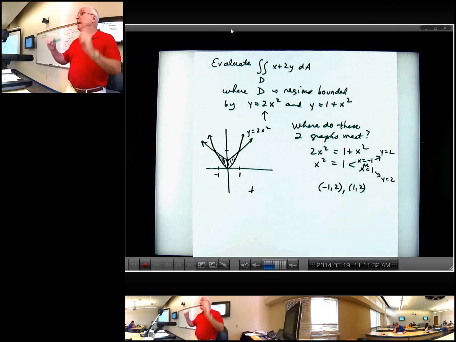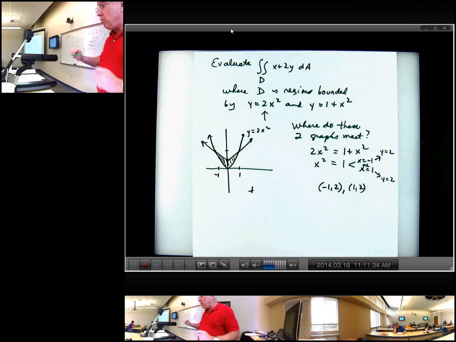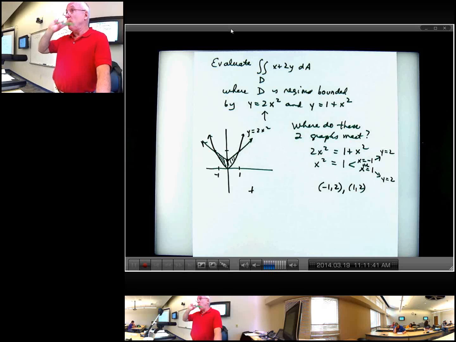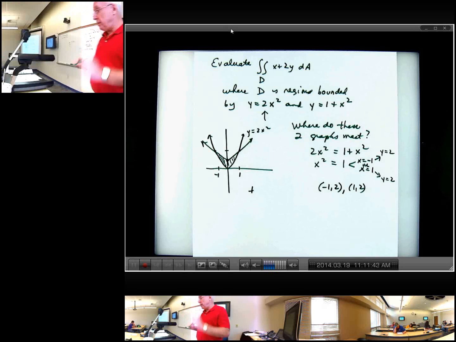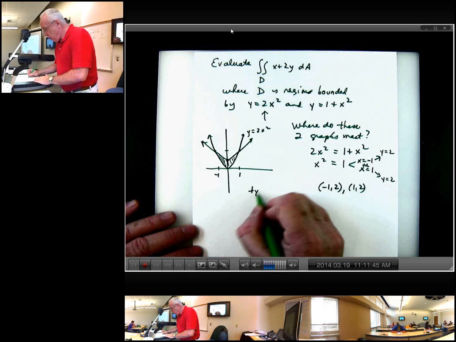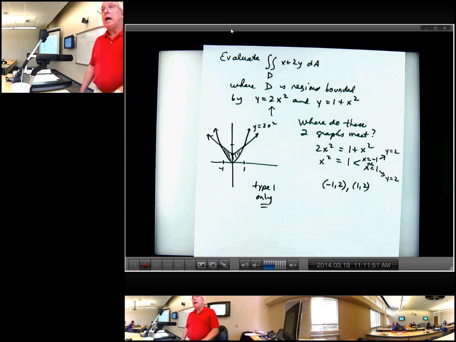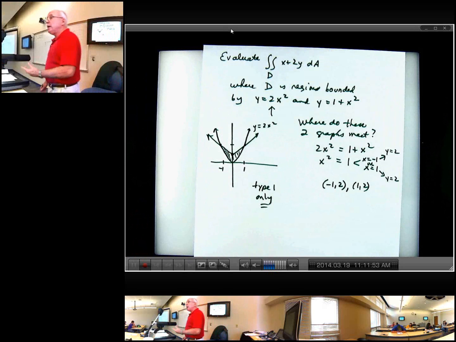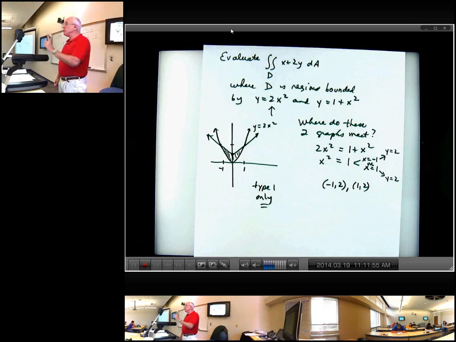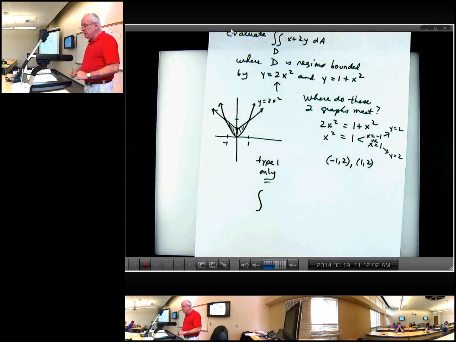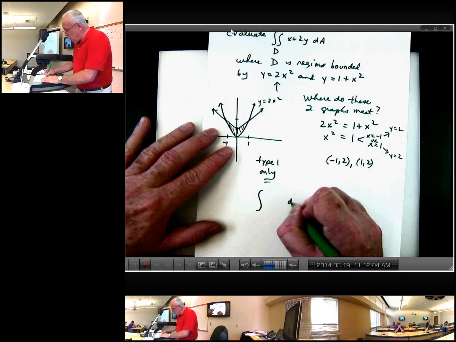Can you draw any sideways line and will it stay completely within that region? No, it won't. It's strictly a type 1. And I'll put type 1 only, all right? So with type 1, we are going to integrate with respect to y first and then x. Okay. So our inner integral is going to be with respect to y.